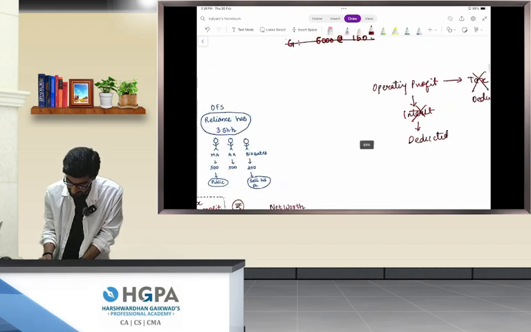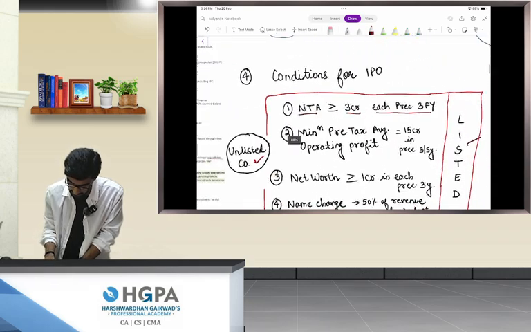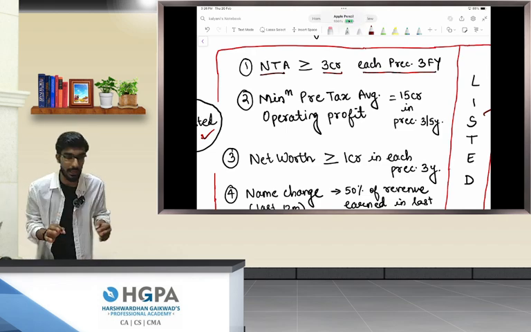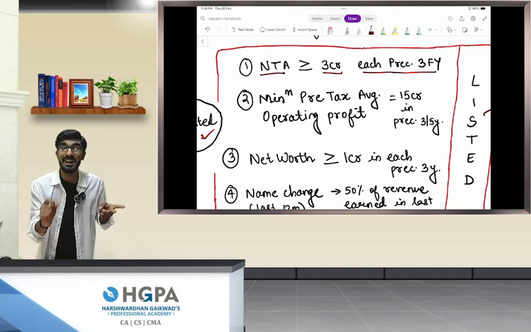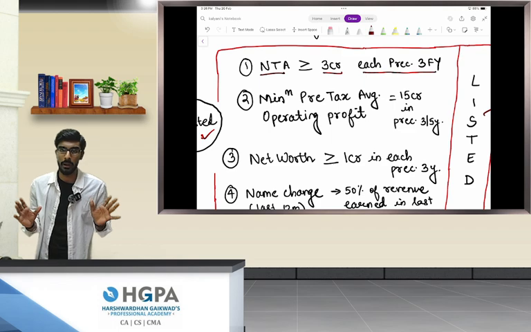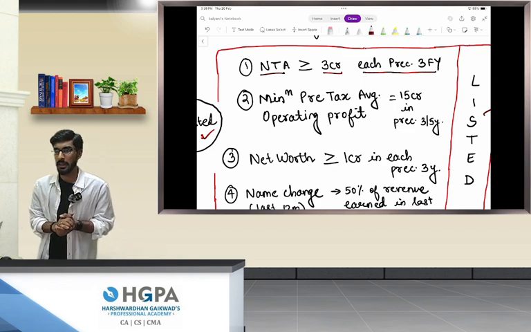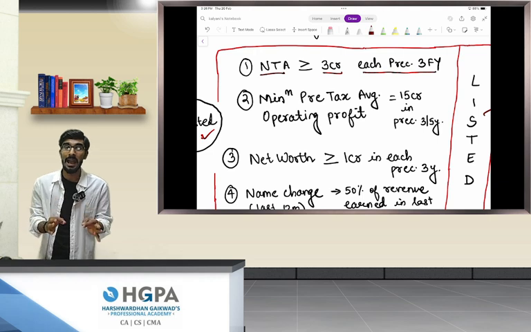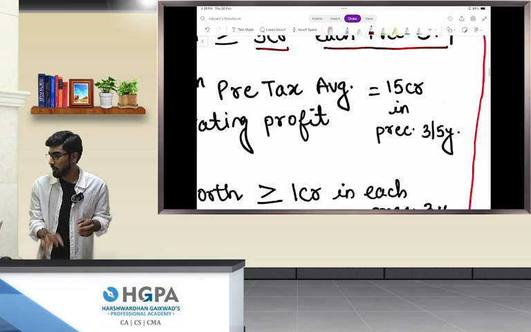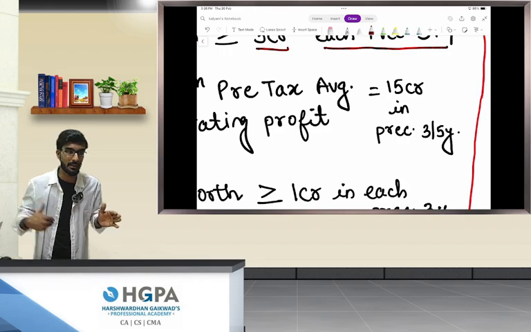So pre-tax average operating profit means operating profit without deducting interest and without deducting taxes. So what this condition is saying is that the minimum pre-tax average operating profit of 5 years should be 15 CR in the preceding 3 financial years.